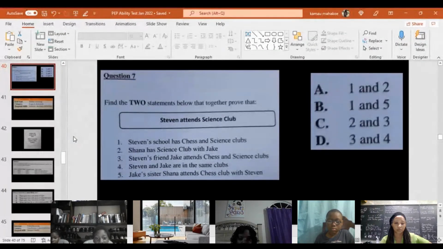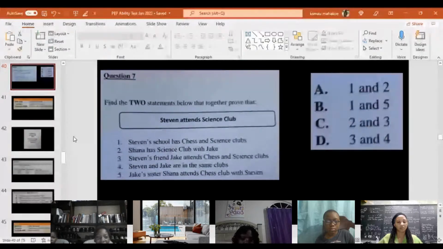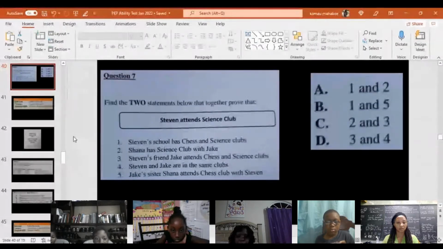Stephen's friend Jake attends chess and science clubs. 4. Stephen and Jake are in the same clubs. Number 5. Jake's sister Shauna attends chess club with Stephen. The options are A 1 and 2, B 1 and 5, C 2 and 3, and D 3 and 4.